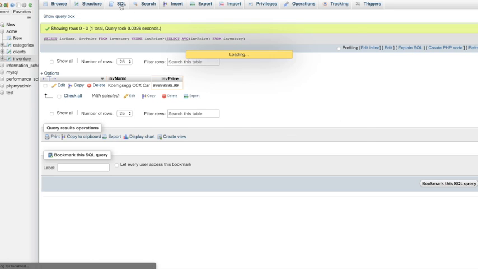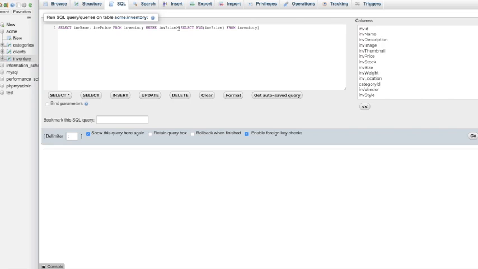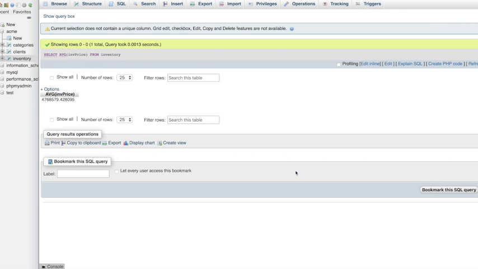Let's go back. Probably should have done this before showing you the whole entire thing, but let's just see this stand on its own. Take away the parentheses. So give us the average price from the inventory. Go. Okay, so it's saying this number here.